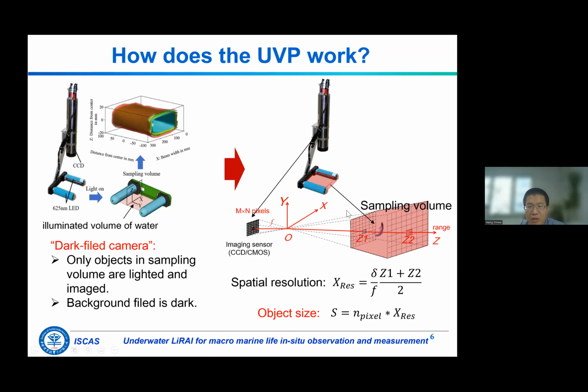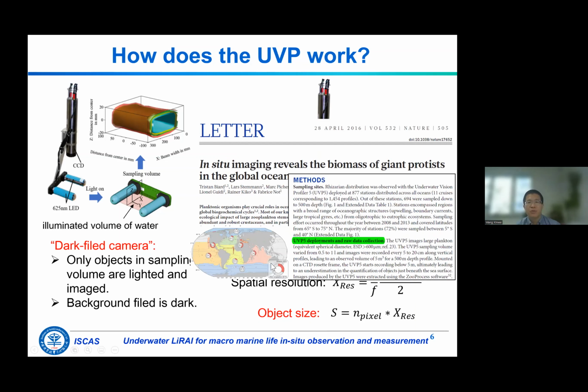We can calculate the spatial resolution from this equation. We also can calculate the object size from the target pixels and the spatial resolution. The UVP is used for biomass analysis successfully.